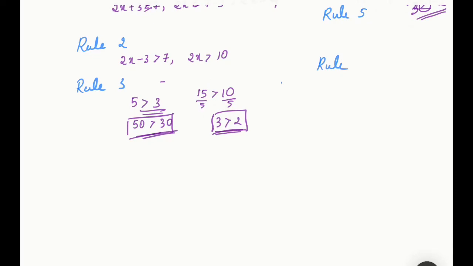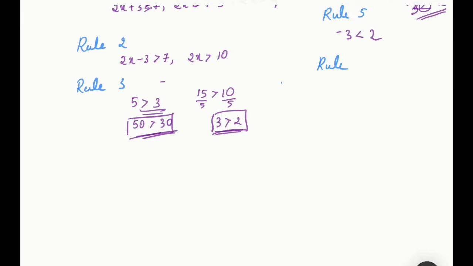Now coming to rule 5. If sign of each term on both the sides of inequation is changed, the sign of the inequality gets reversed. For example, just keep it in mind that we have different signs. That means I am telling that minus 3 less than 2 I have. Okay.